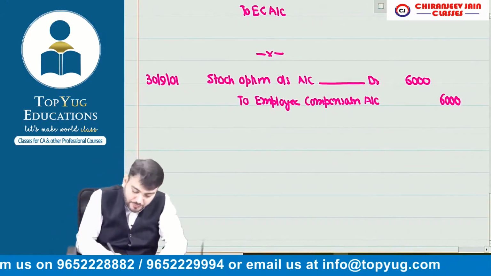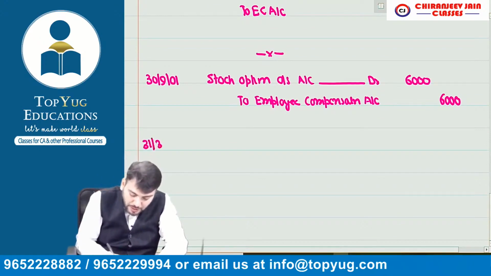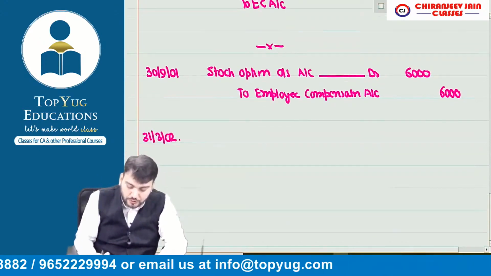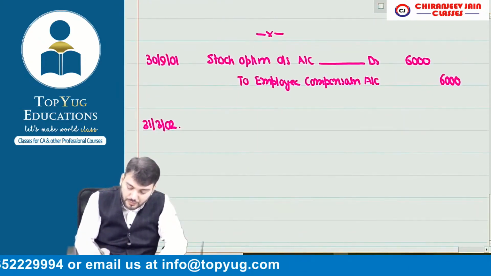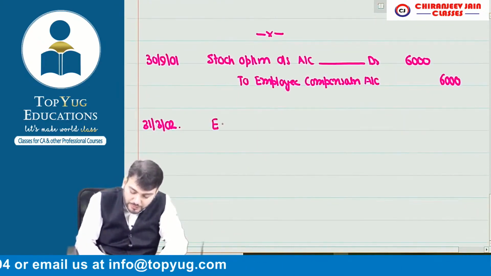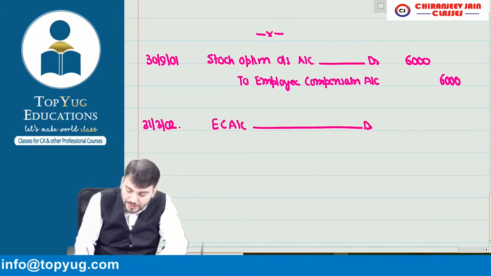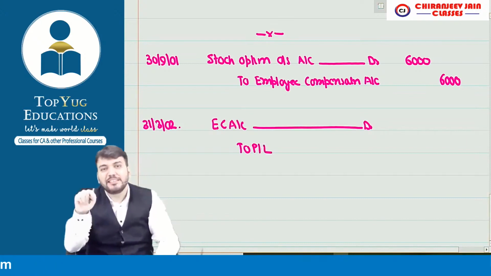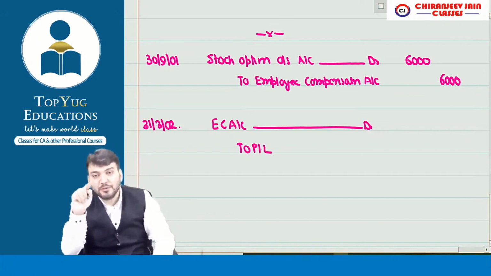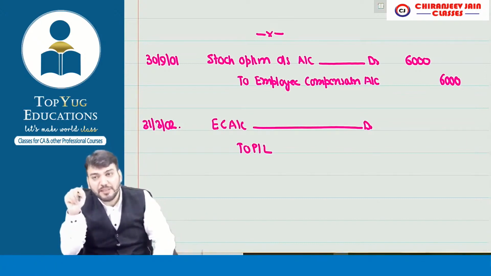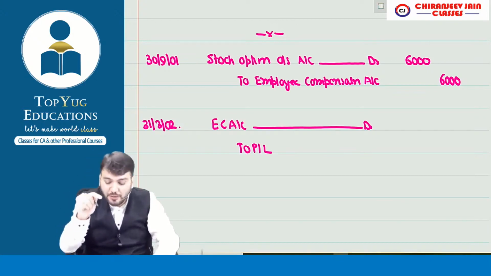It means on 31st March 2002, what journal entry will pass? Employee compensation account debit to PL. It will not be credited to PL. It will be reduced from the employee benefit expense of this year.